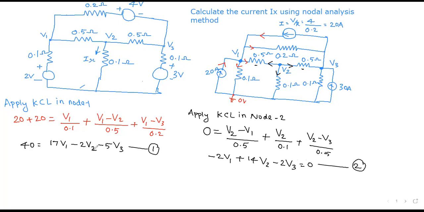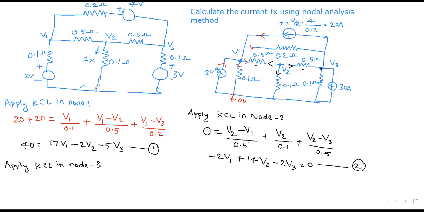So for node 1, we got this equation. For node 2, we got this other equation. Now, similarly, we are going to follow the same procedure to calculate the nodal equation for node 3. Now, apply Kirchhoff's current law at node 3. That means at this node.